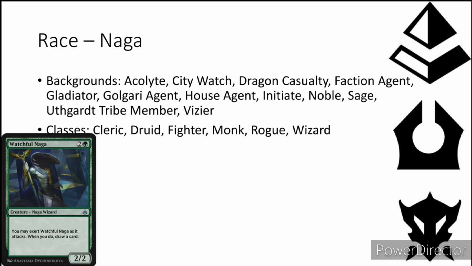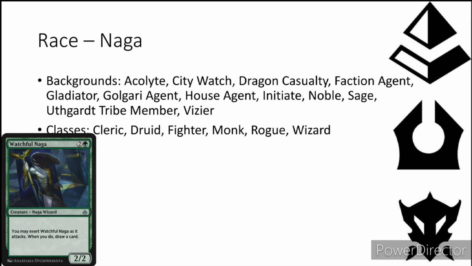And as for backgrounds, I can definitely see them being acolytes, city watchers, dragon casualties for the Nagas of Tarkir, since they are currently under the rule of one of the dragon lords, faction agents for those from Ravnica, since the ones in Ravnica mostly follow the Golgari clan, which is why Golgari Agent is listed here.